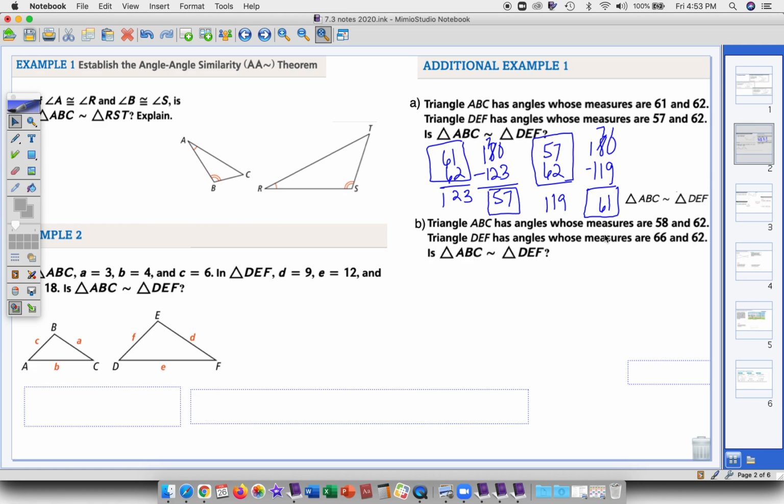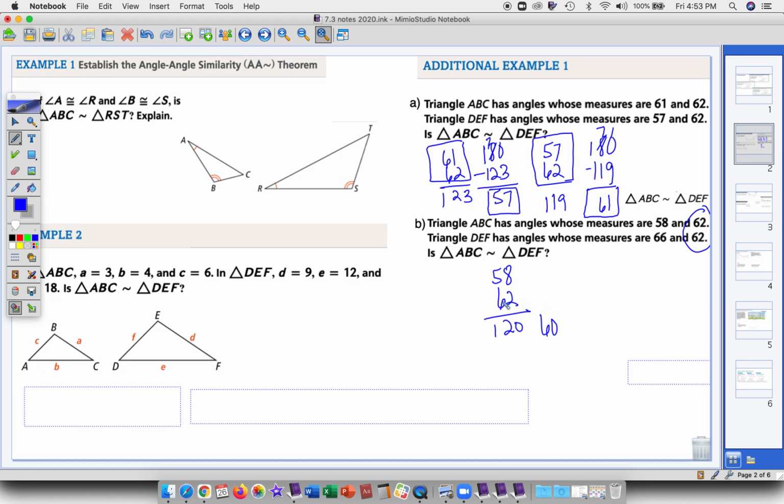In example B, we have measures of 58 and 62. Let me add those up. That gives me 120. If I subtract 120 from 180, I end up with 60. So I have the common pair of 62, but I don't have any other, right?